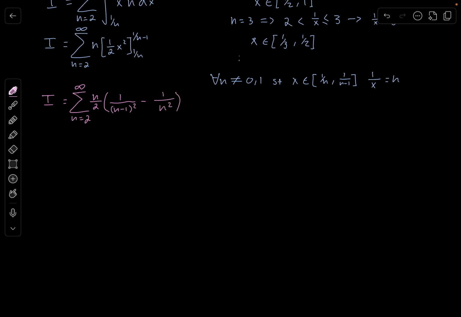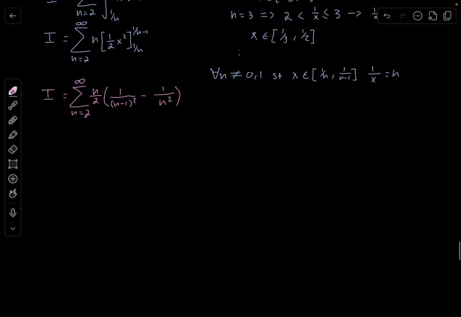And then we want to simplify the stuff in the parentheses. So 1 over n minus 1 squared minus 1 over n squared is equal to, let's see, a common denominator, n squared minus n minus 1 squared all over n squared times n minus 1 squared.